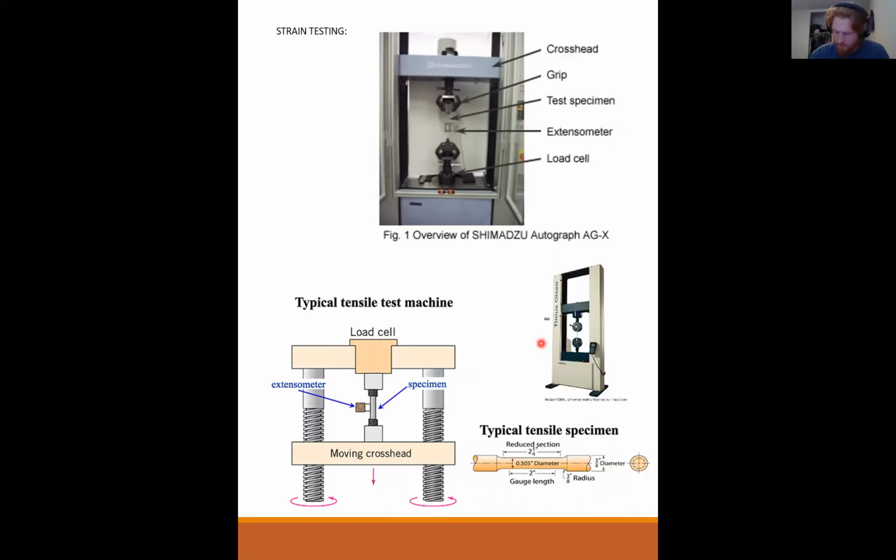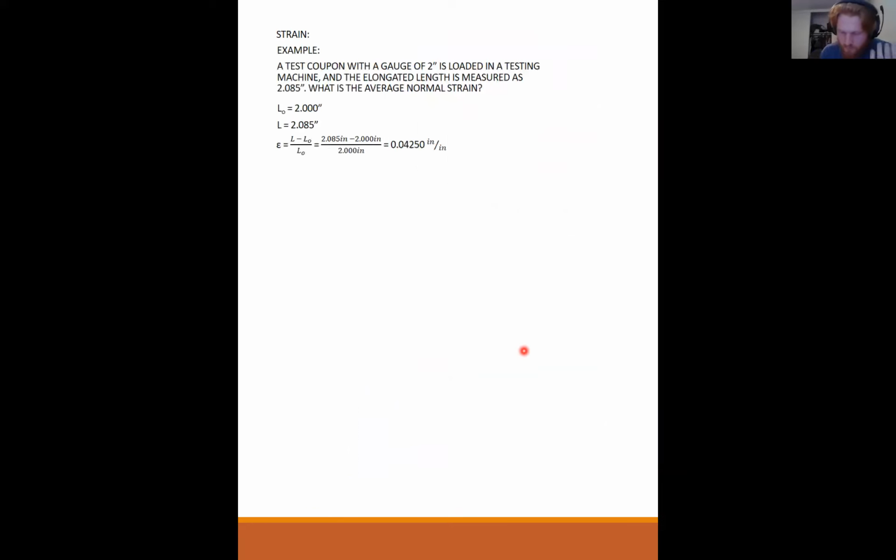Essentially, a good way to think of it is, for every 0.0425 inches of material, it's going to stretch that much.